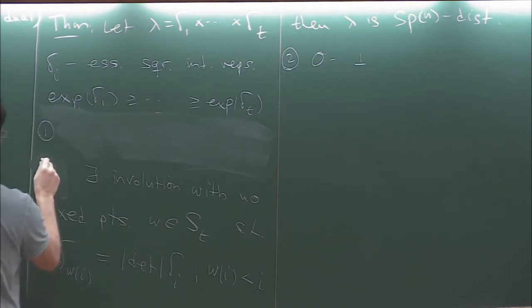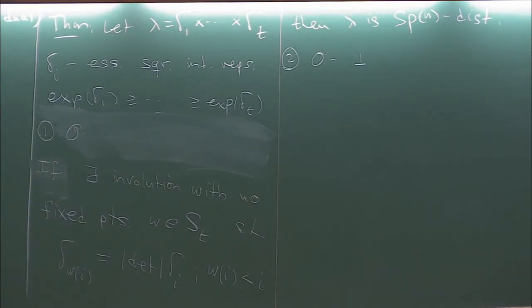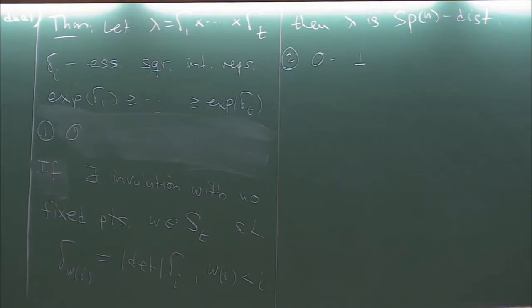So if there exists an involution with no fixed points such that the data here satisfies this property here of the lifting, that square integrable data comes in pairs like this, then lambda is SP distinguished.